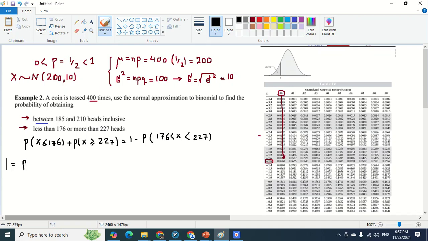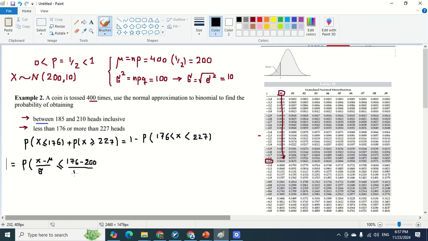Over here we should make the random variable standard. To do that we should subtract mu and divide by sigma. Do the same thing for the second case as well. The first case is determined by 176 minus the mean value, which is given as 200, and divide that value by 10.